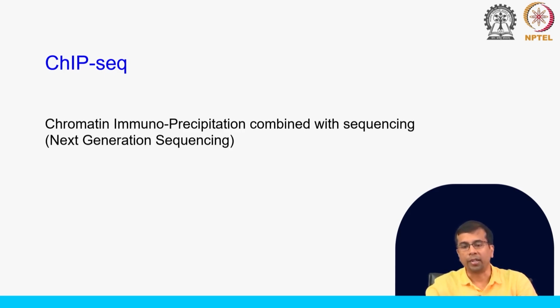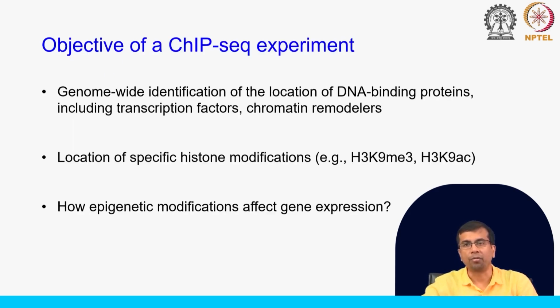What are the objectives of a ChIP-seq experiment? We do a ChIP-seq experiment if we want genome-wide identification of the location of DNA binding proteins. These DNA binding proteins could be, for example, transcription factors. One of the questions we are often interested in is where the transcription factors bind in the genome and how they affect gene expression.